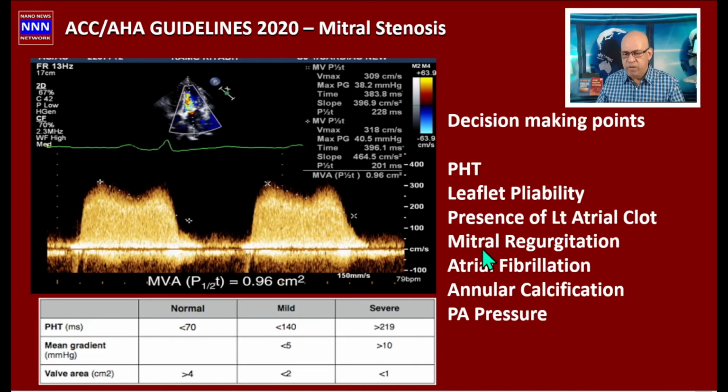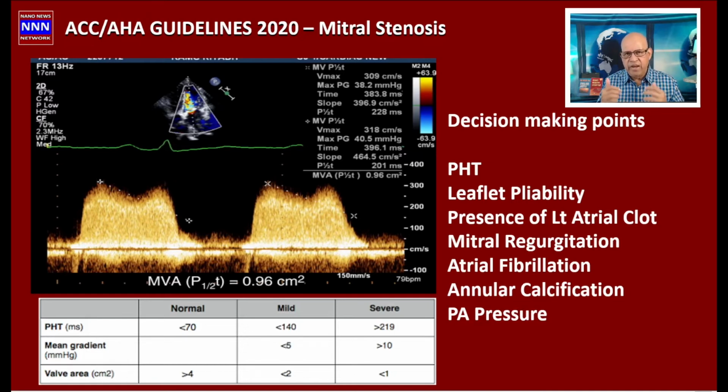As I previously mentioned, we need to look at the degree of mitral regurgitation. Is it mild, moderate, or severe? If they have moderate to severe mitral regurgitation, then doing balloon valvotomy could make the mitral regurgitation worse. Atrial fibrillation changes the whole spectrum of mitral stenosis patients in terms of their clinical presentation, their symptomatology, their outcome, and any results that we can get with the interventions.